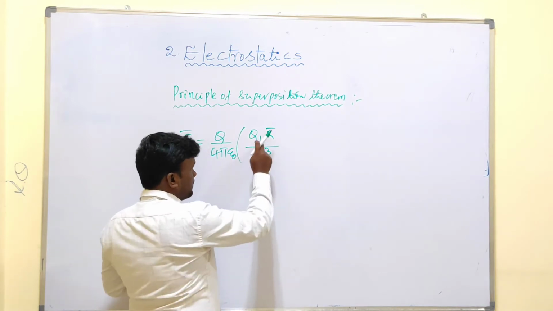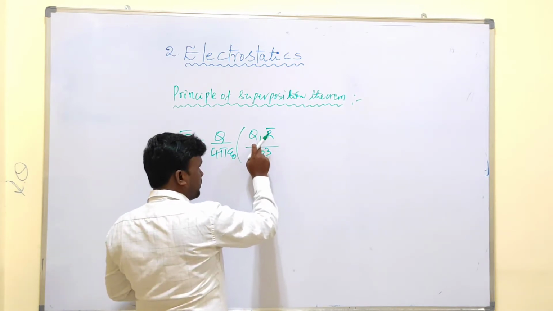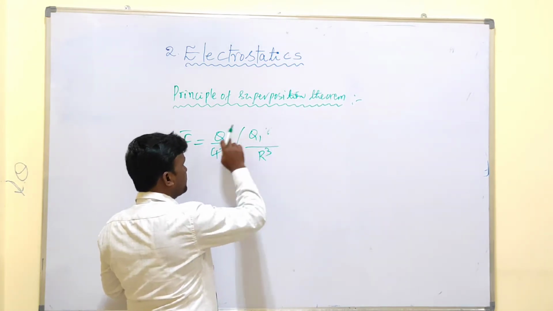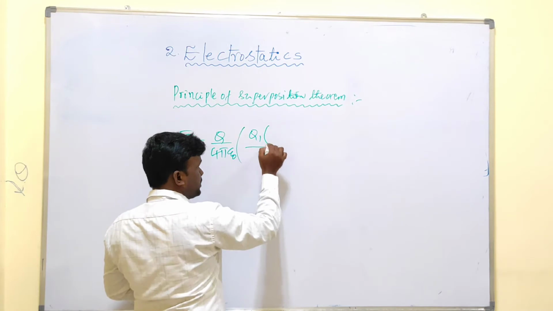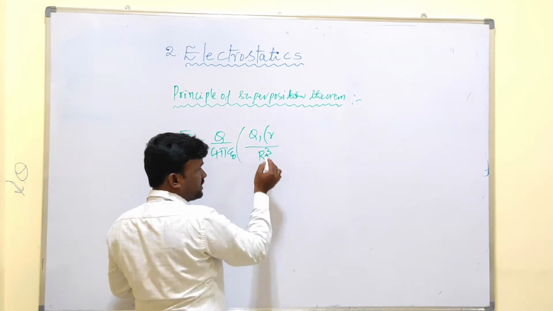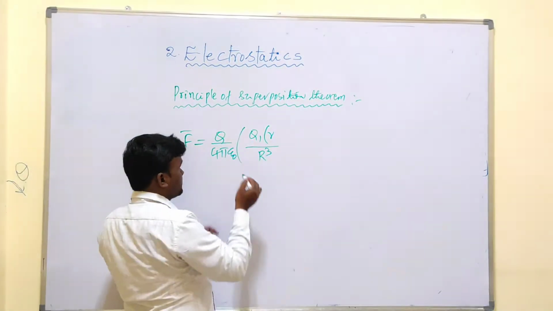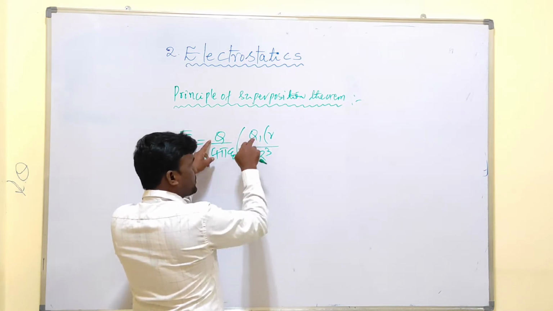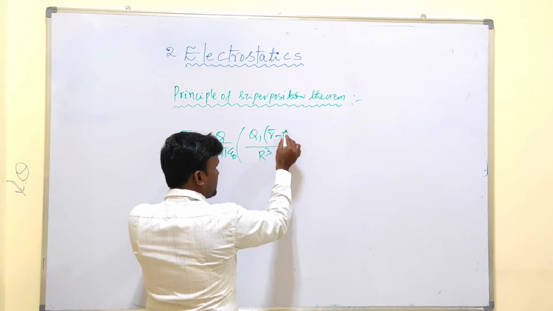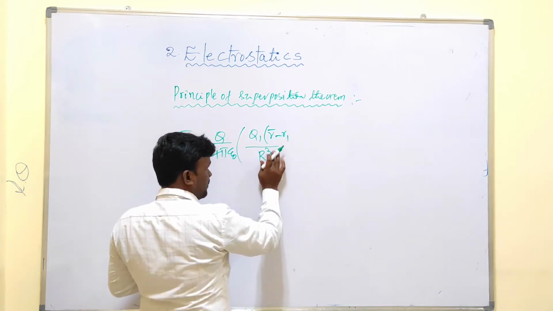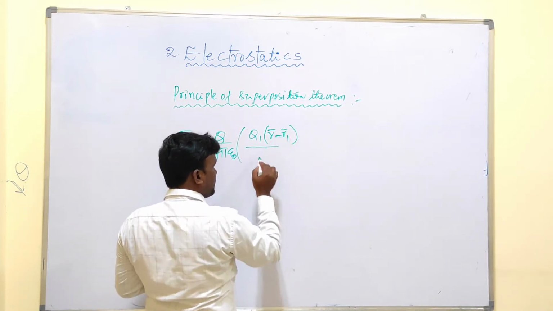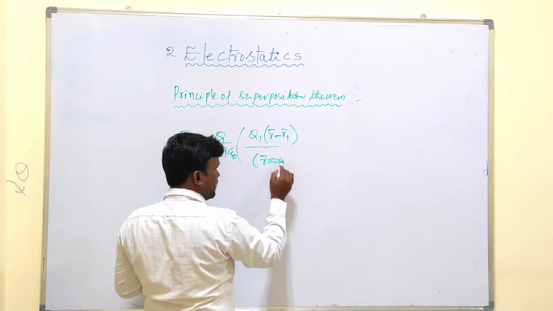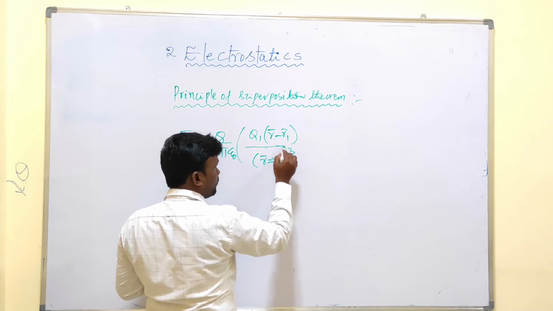The position vector of Q1 is taken as R1, and the position vector of this Q is taken as R. So the distance vector is the difference between the position vectors. It is the terminating point minus the starting point, field point minus source point, that is R bar minus R1 by R bar minus R1 whole cube.